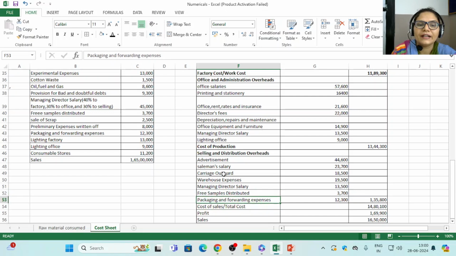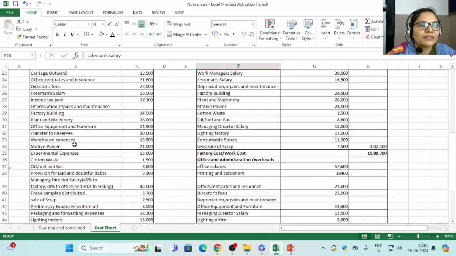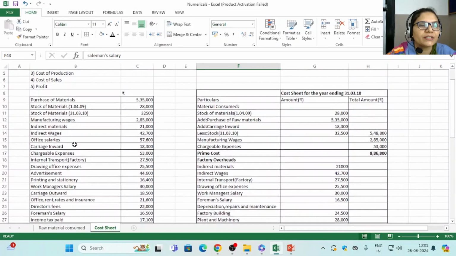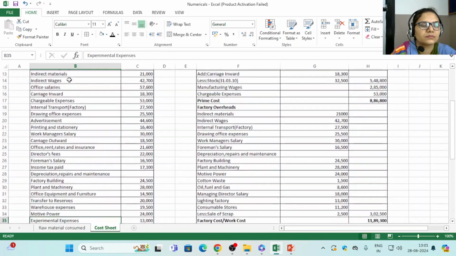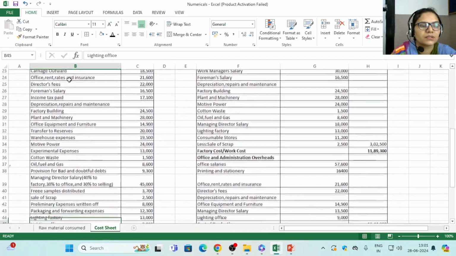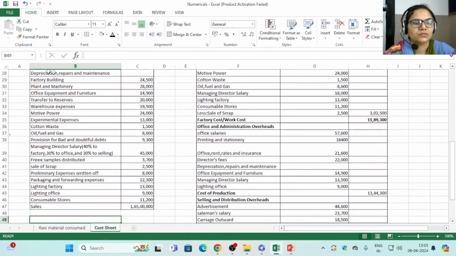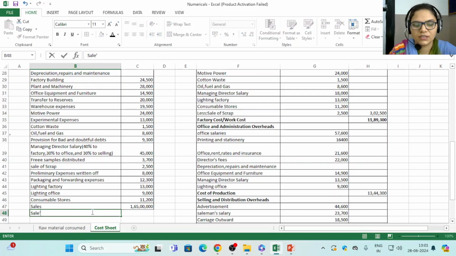One thing more: it is not mentioned in the question about the salesman's salary, by mistake it has been left out, so we will mention it in the question.